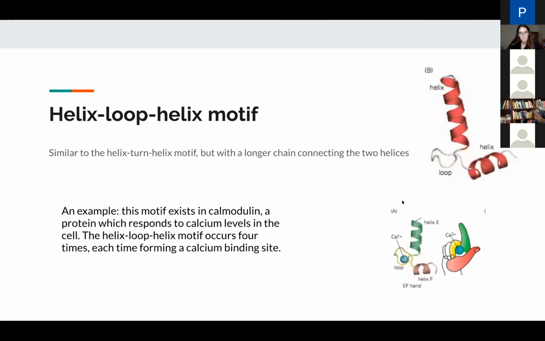Another name for it is the EF hand, because as you can see from this drawing, it sort of looks like the pointer, middle, and thumb. This motif exists in calmodulin, which is a protein that responds to calcium levels in the cell. The motif occurs 4 times, and it forms a calcium binding site, which you can see kind of fits into the hand right there.